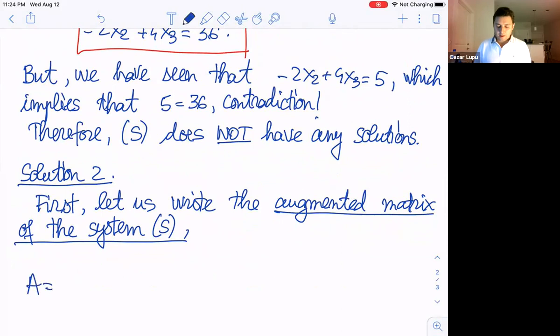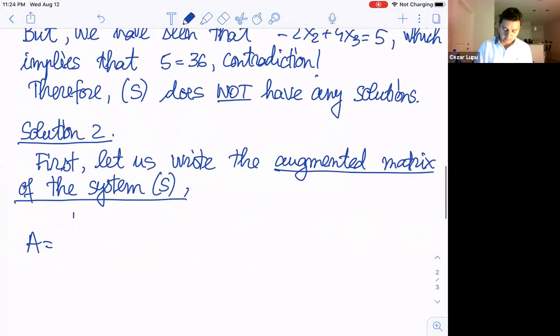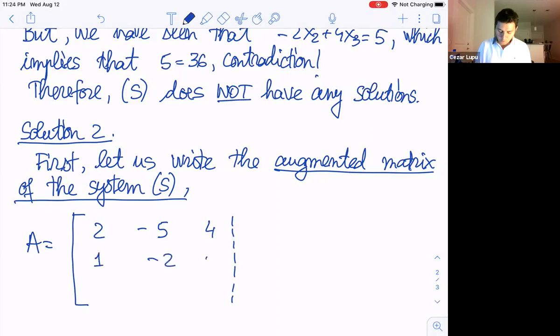This is A. As you can see, I will write a coefficient matrix, and this will be bolded by the coefficients of the system. This matrix will look like this: 2, -5, 4, and 1, -2, 1, 1, -4, and 5, and now this will be -3, 5, and 10.